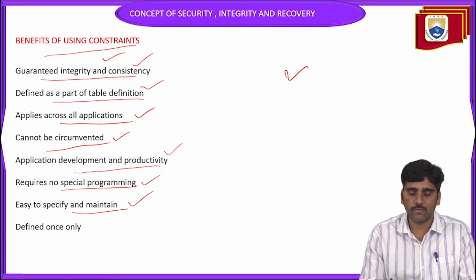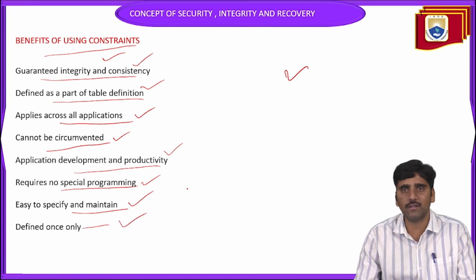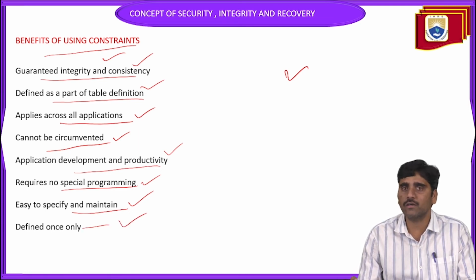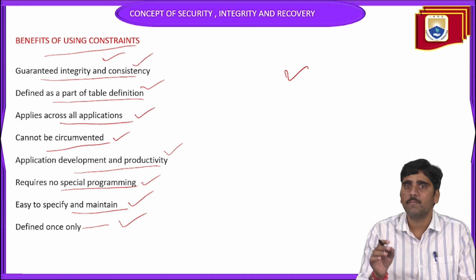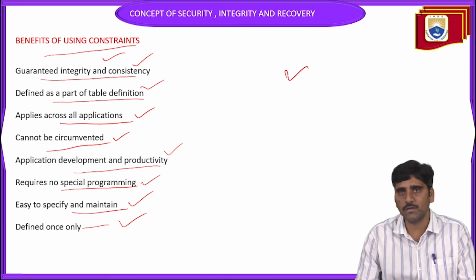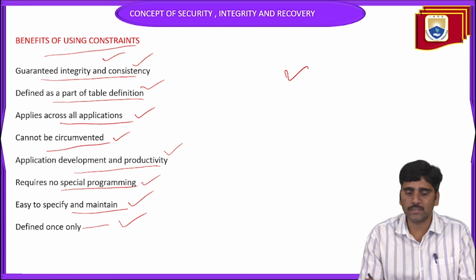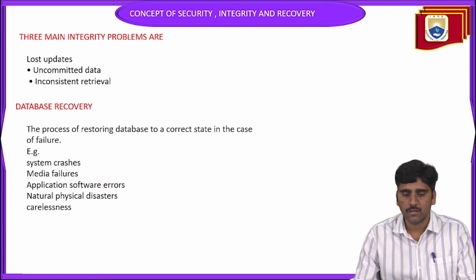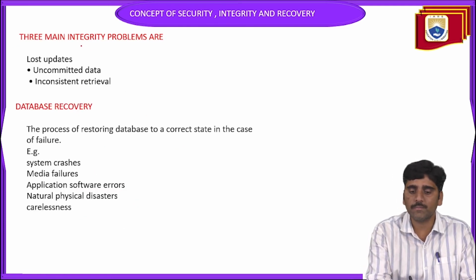Once defined, you can use a constraint for a particular column and attribute, permitting any values or only limited values. These are the benefits of using constraints. And the three main integrity problems are.